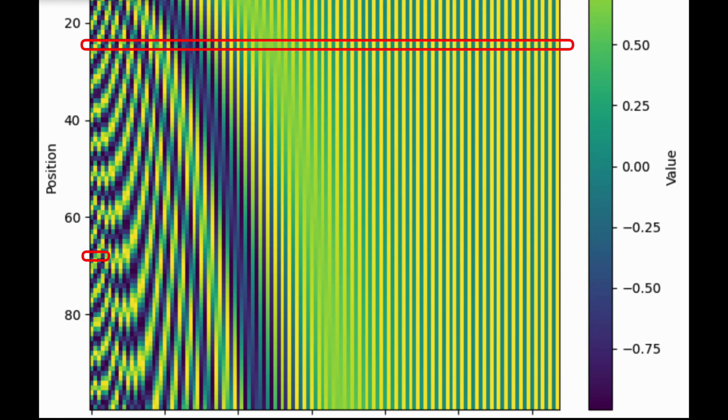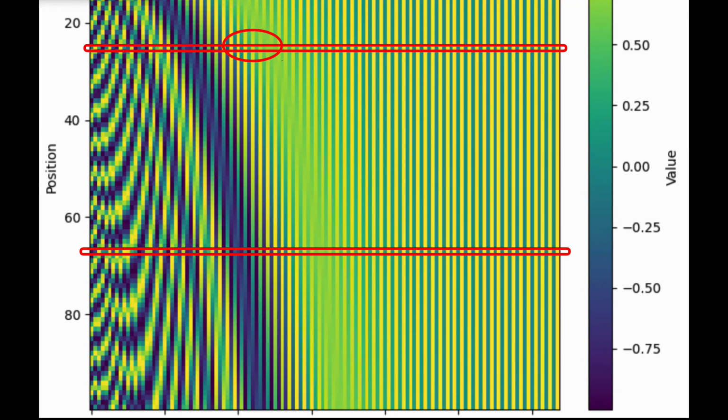And no matter which two nearby positions you pick, this pattern is consistent. You will always find that most of their values are similar, only the values in the initial few dimensions change. But now let's say you pick two positions which are far apart from each other, then you will start to notice the difference in the higher dimensions as well. Now there is more difference in these two vectors.